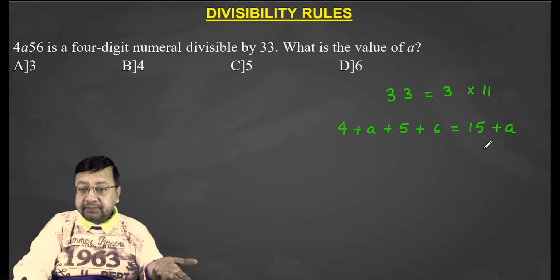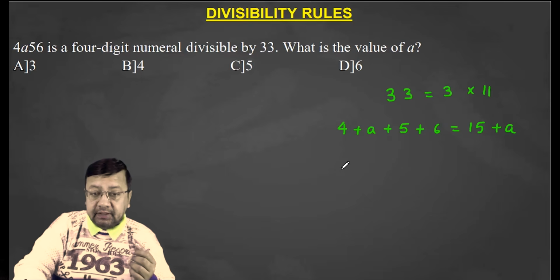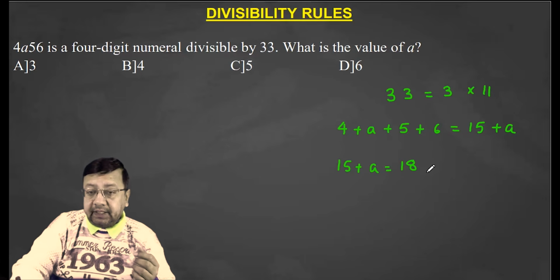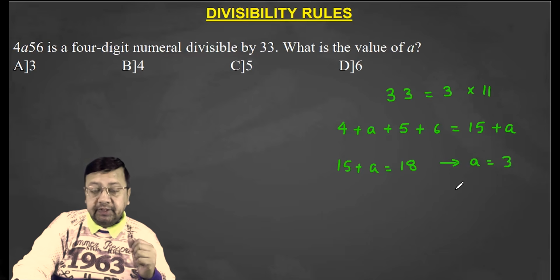And what is this? If I make 15 plus A as what? 18. The next multiple after 15. So if I take 18, so A should be what? 3, right? A should be 3.